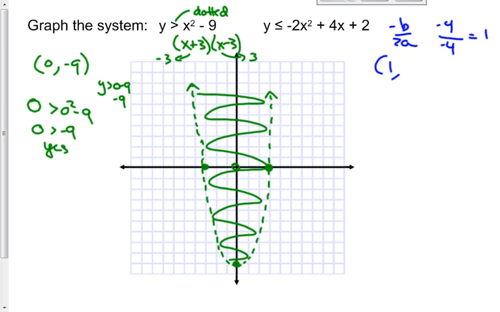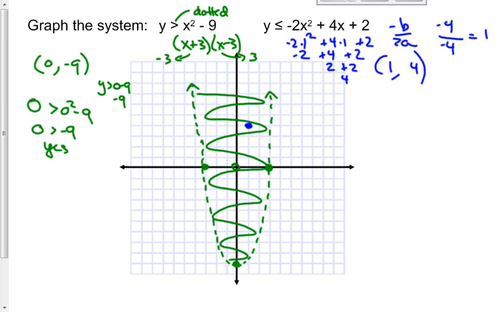So my x coordinate is going to be 1, and then plug it in. Negative 2 times 1 squared plus 4 times 1 plus 2. Negative 2 plus 4 plus 2, 2 plus 2, 4. My vertex is at 1, 4, right here.